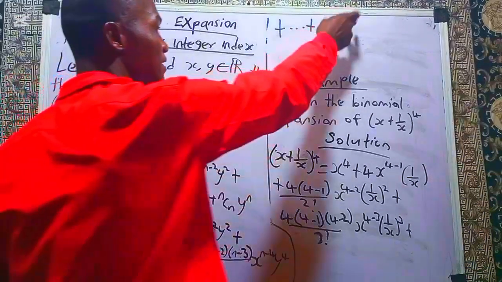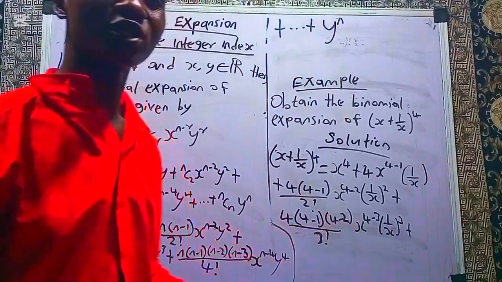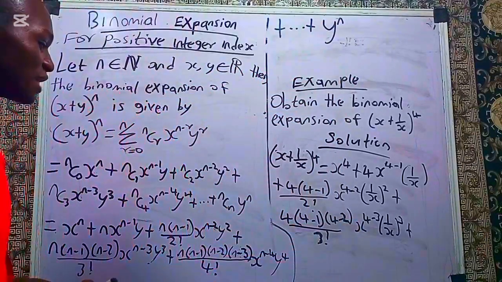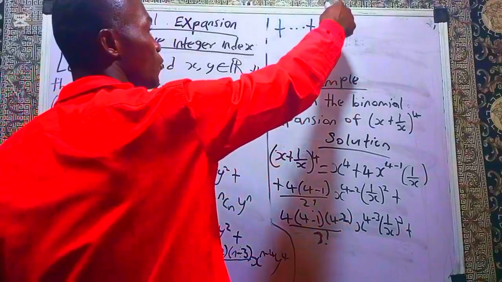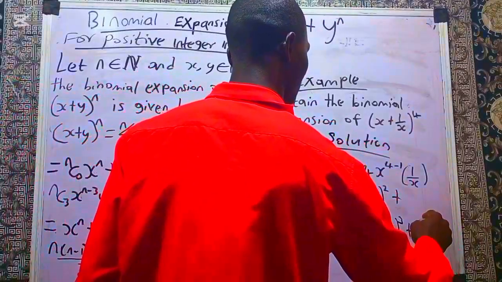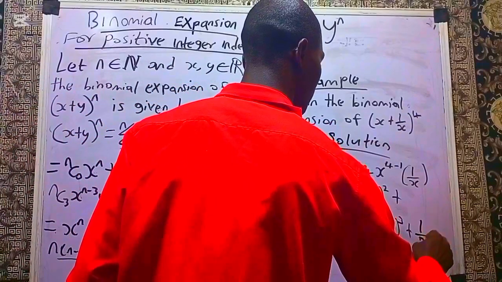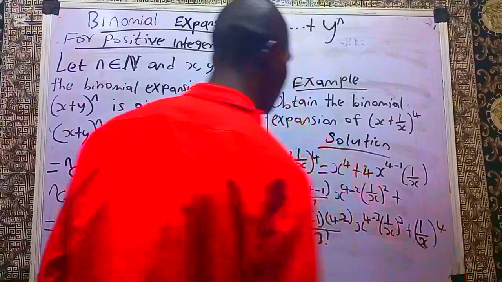When you reach n, which is 4, the formula says y raised to power n. y is the last term, the second term here, that's 1 over x raised to power 4.